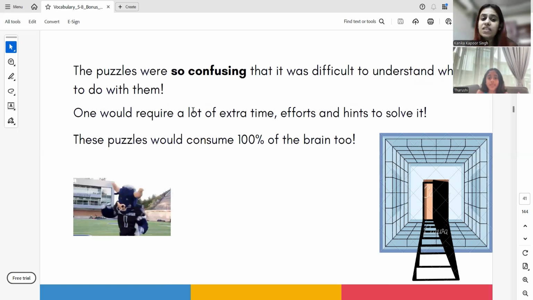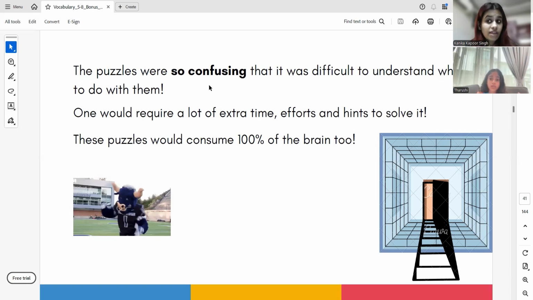So, the puzzles were so confusing that it was difficult to understand what to do with them. One would require a lot of extra time, effort, and hints to solve it. These puzzles would consume 100% of the brain too. So the puzzles were so much confusing.